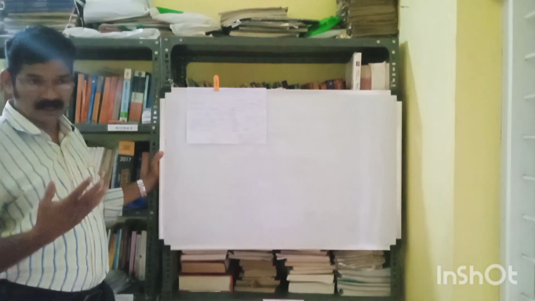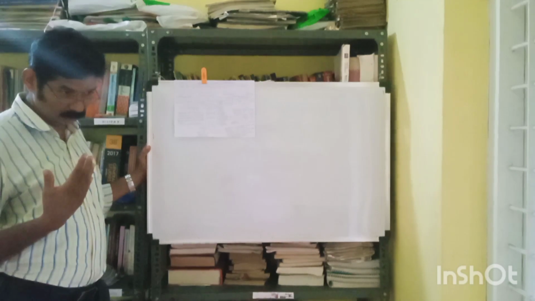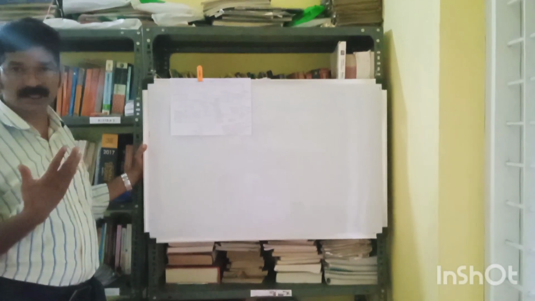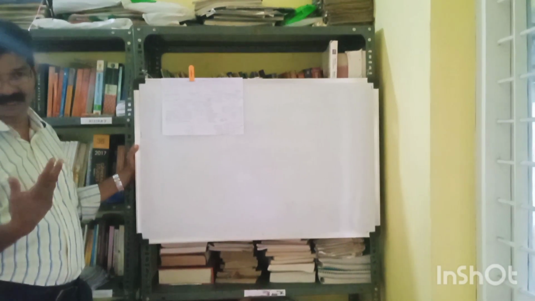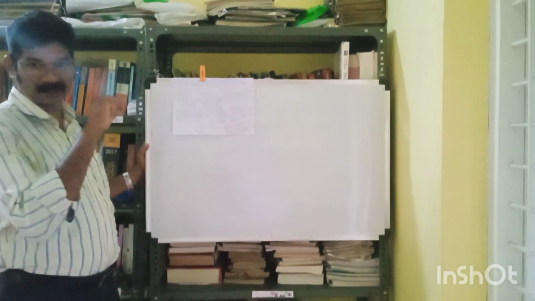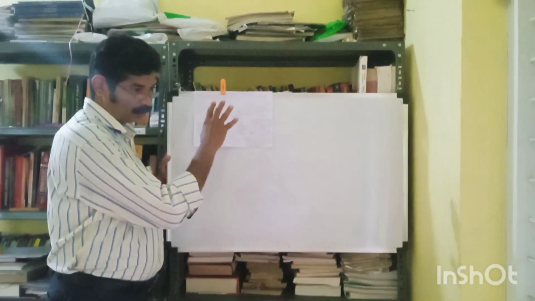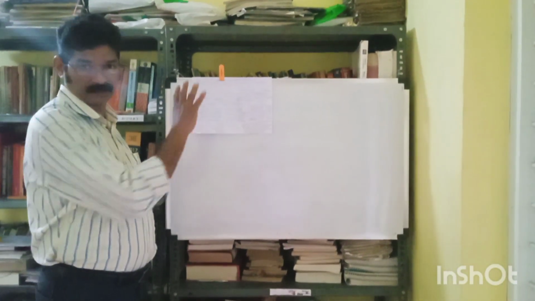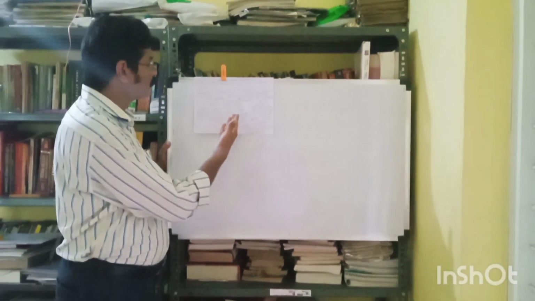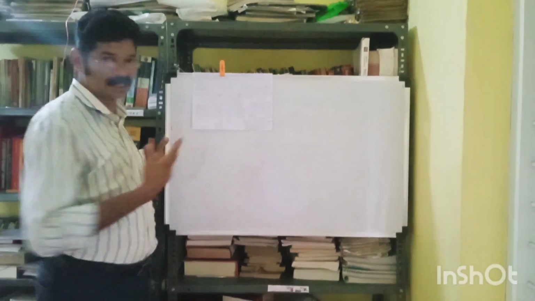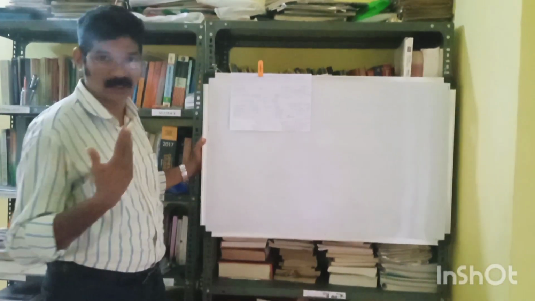Just like when we start to build a house, first we go to an engineer or architect, who gives a plan for the house. Like that, the research design is a plan or blueprint for the proposed study or research.